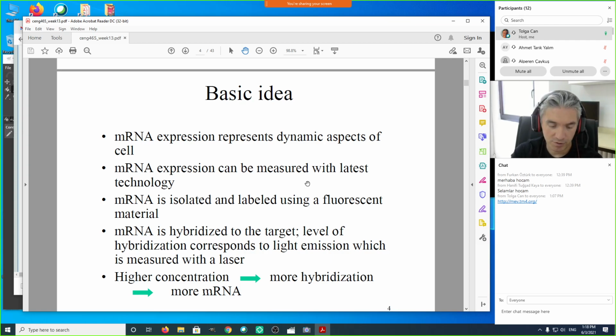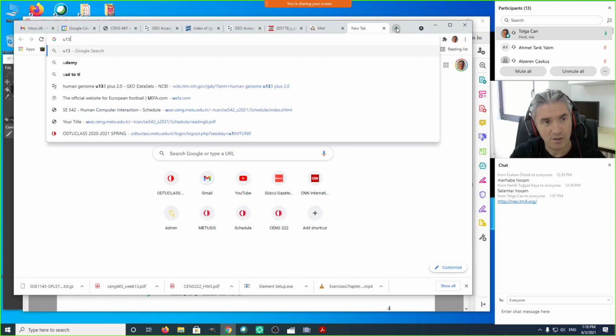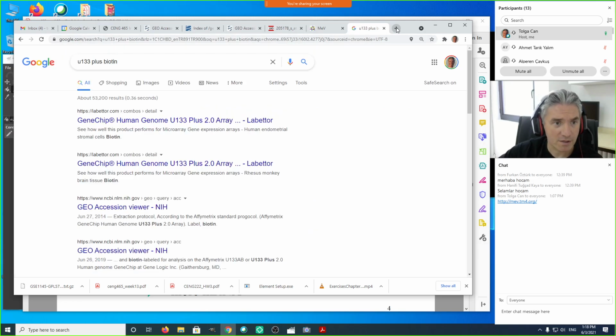And in order to measure the messenger RNA accurately, a certain protocol has to be followed. First, messenger RNA is isolated from the cell, extracted by certain enzymes, and amplified by using some fluorescent material. As I said, it may be biotin. I think in Affymetrix gene chips, do they use biotin to do that?